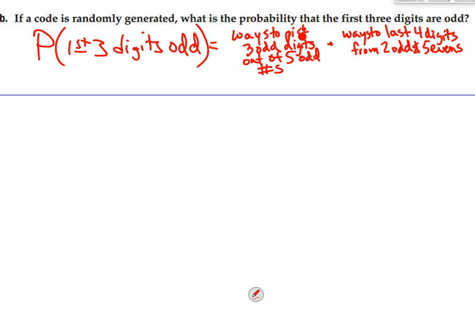Do you agree that's going to be the win? Does that make sense? So I'm getting 3 odd digits out of the 5 odd digits, and I'm getting the last 4 digits out of the 2 odds and 5 evens that are left, excuse me, over the total possible.